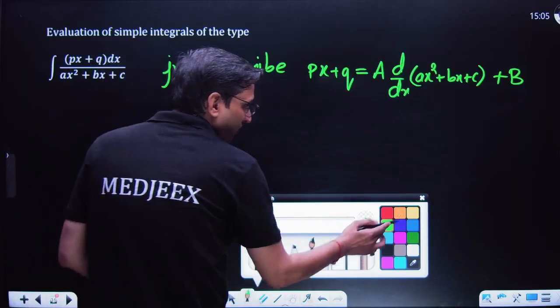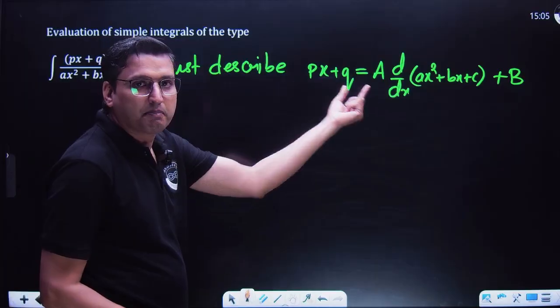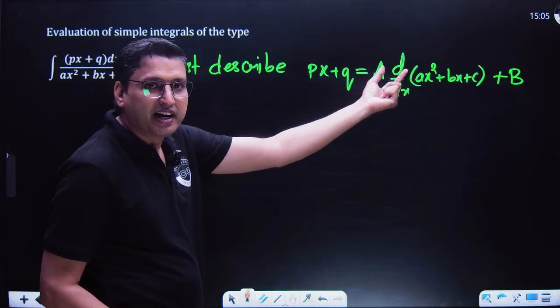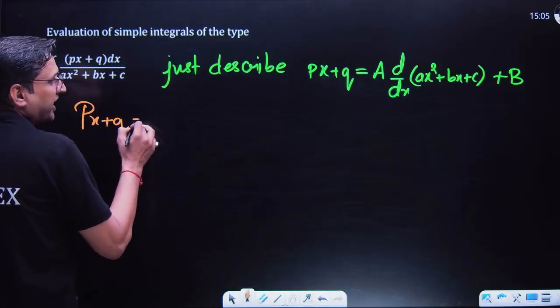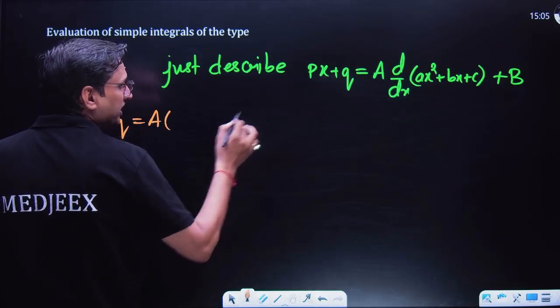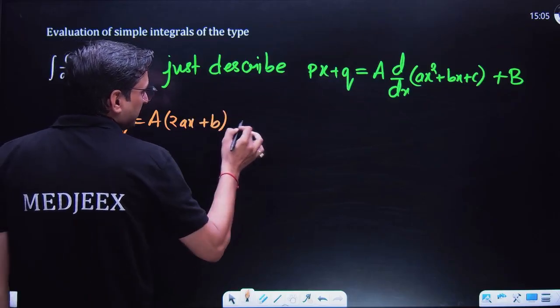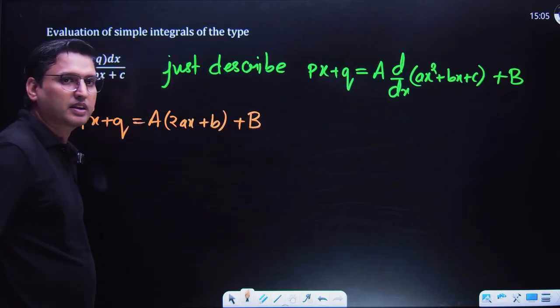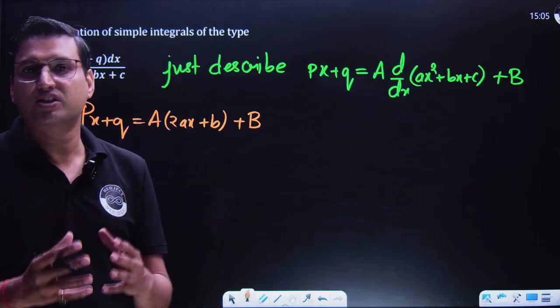Now students, what you can see, simply what? After differentiating, I can compare both of these, left hand side and right hand side. I can mention px plus q can be written as A times the differentiation of this bracket, which will be written as 2ax plus b, plus that constant term capital B. I hope this is very much understood to all the students, and it is very simple.